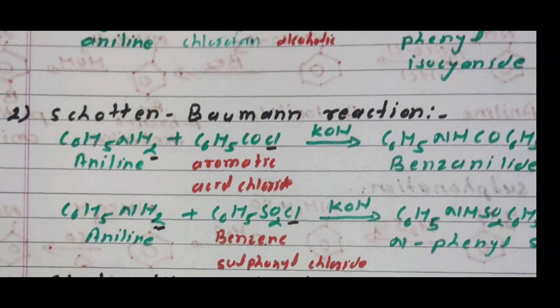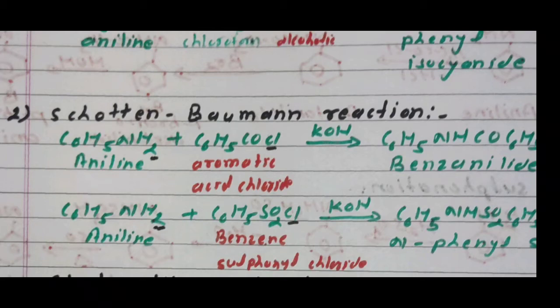Then I am taking another example of the reaction of aniline. Instead of aromatic acid chloride, that is C6H5COCl, we use here benzene sulfonyl chloride, C6H5SO2Cl.